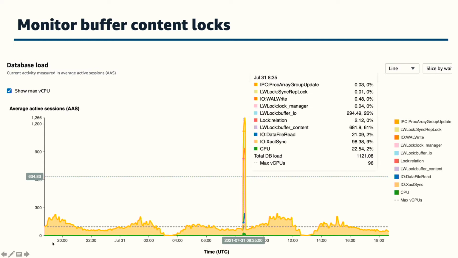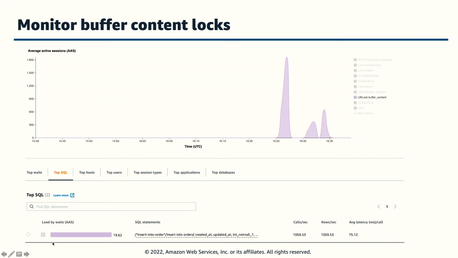And as you can see here, buffer content locks represent a major part of our wait events. You take that spike, you zoom in on it, and then you're able to find the query, or the insert statement, or the delete, or whatever the statement is that you need to focus on and go fix.